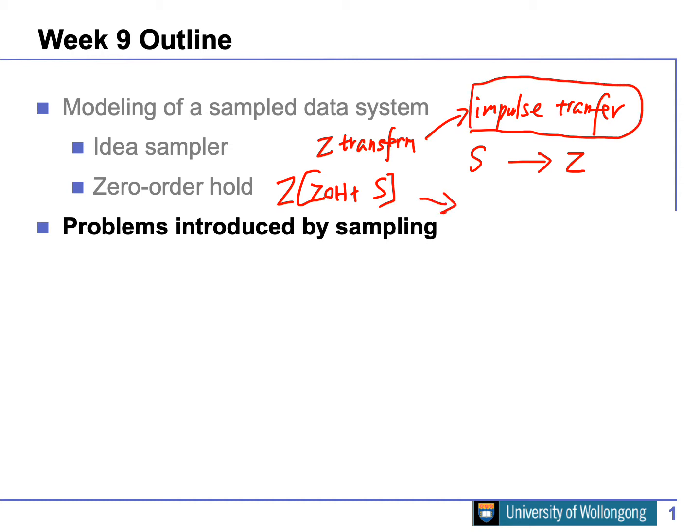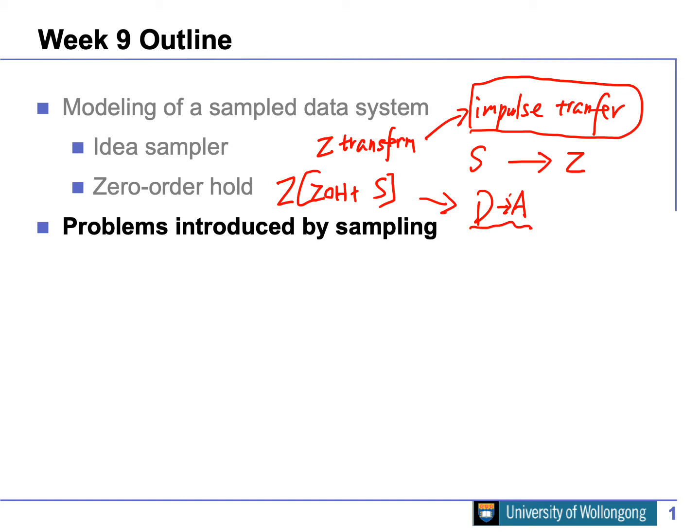The second is when you physically convert a digital signal to an analog signal, you physically have a zero-order hold. You have this function multiplied before the Laplace transform, then you do a Z transform.